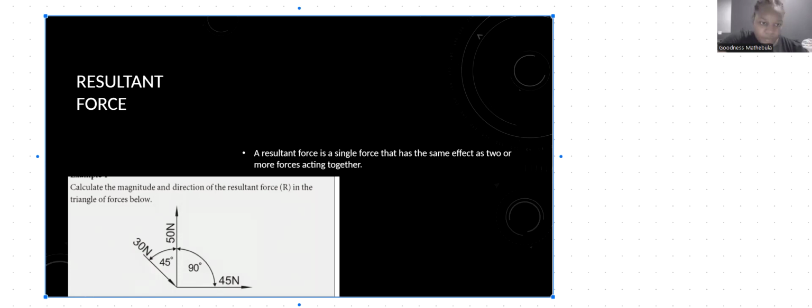We are about to find the components of the force acting on this 30 Newton. We have an angle of 45 degrees, so we have to calculate the component of X.